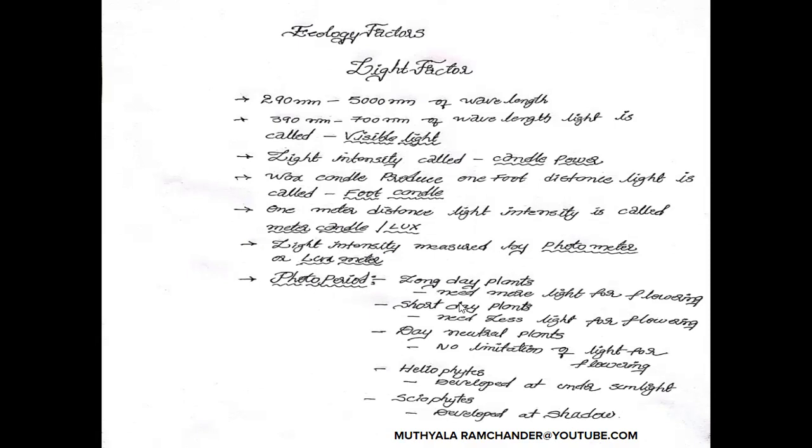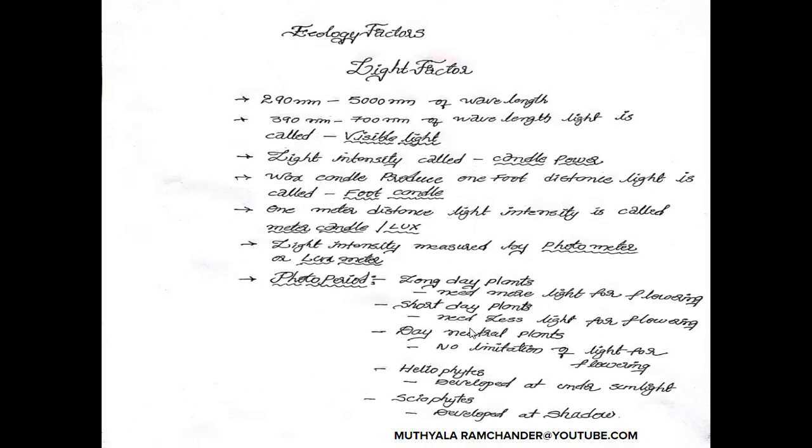Long day plants need more light for flowering. Some plants utilize more light for the production of flowers. This type of plants are called long day plants. Why do we call them long day plants? For the production of flowers, they need more light.